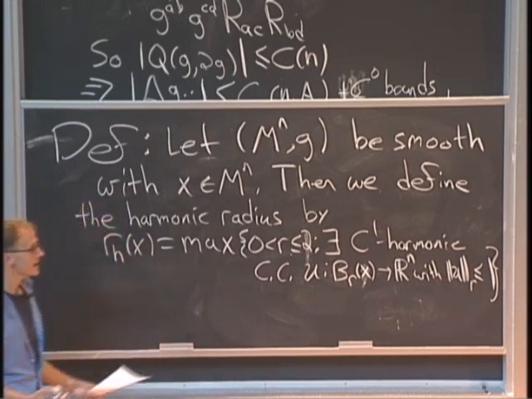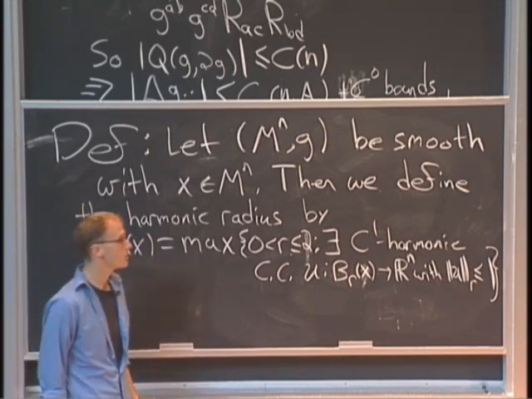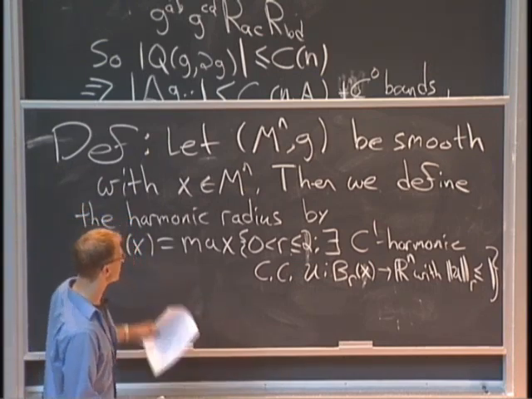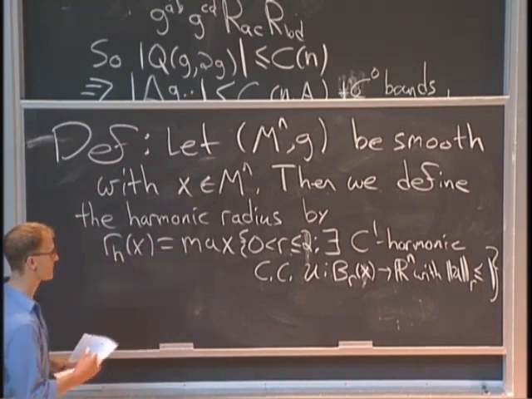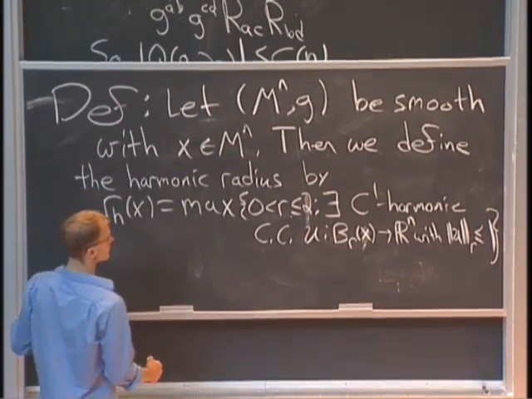Somehow, if we're on an Einstein manifold, the point is that now we know we can control just about everything from this. Actually, I'll make that more explicit in a second.